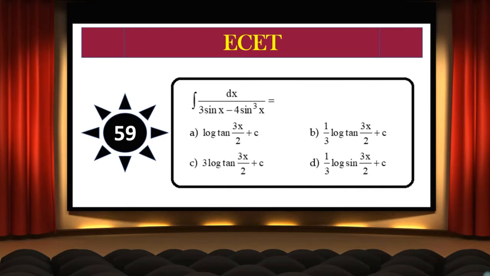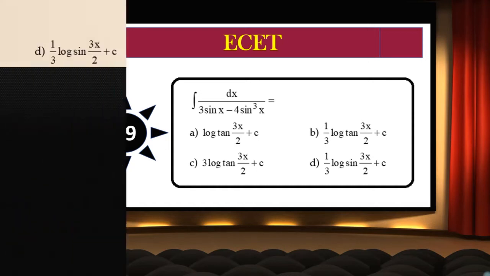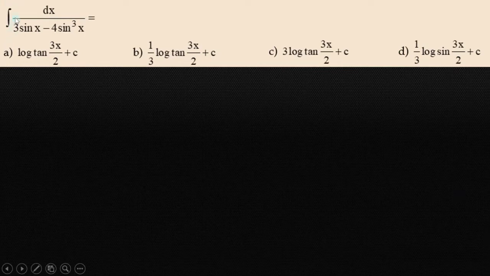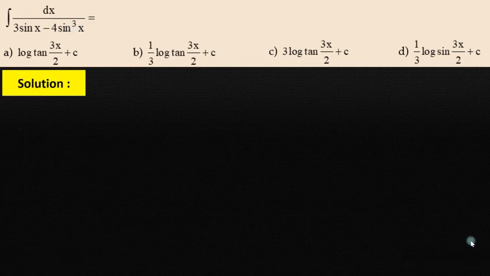Question number 59. Read the question and write it. The question is integral dx by 3 into sin x minus 4 into sin cube x is equals to. Let us find this.